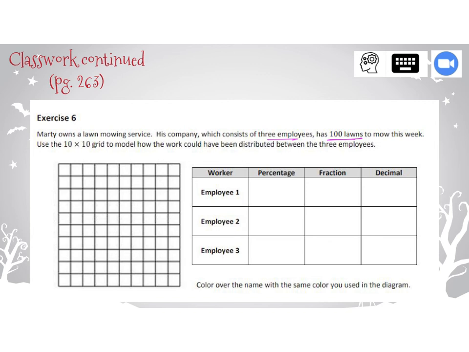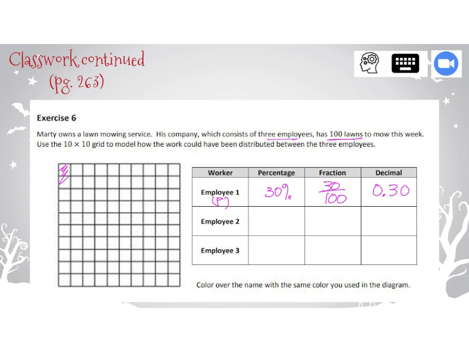So employee 1, so maybe it's not all fair. So we'll do purple first. Let's go 30%. You can decide what you want to do. So 30% is going to be 30 over 100, and that is 3/10 or 30 hundredths.